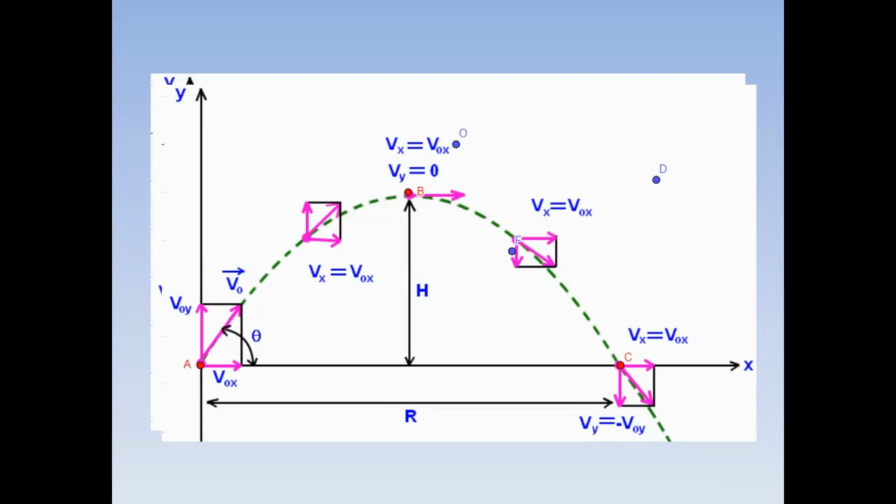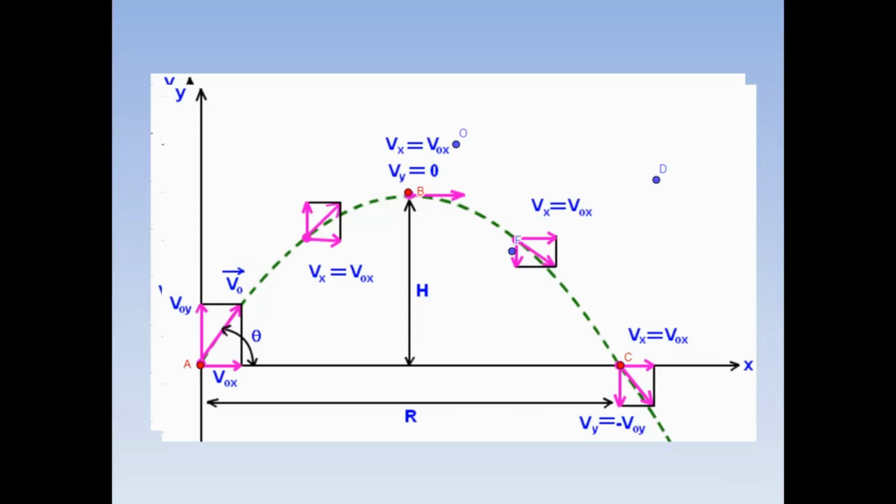When the body moves from point A to point B, the vertical component of the velocity points upward and the sign is positive. The magnitude gradually decreases because it is opposite to gravity.